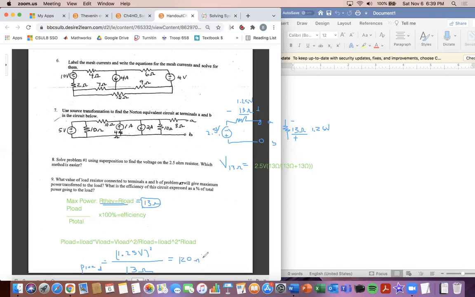And now let's find the power generated. And so the power generated, I'm going to just say that's the P total because the power generated is the total power that is going to be used through the circuit. And so P generated is going to be the power by the source. If we think about this, we know the voltage is 2.5.